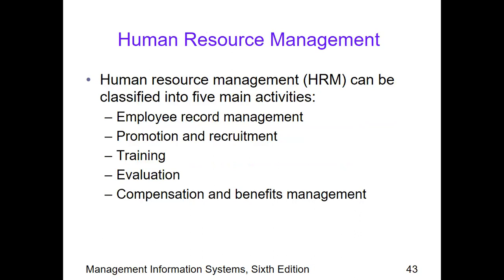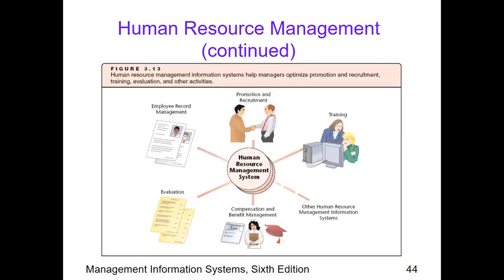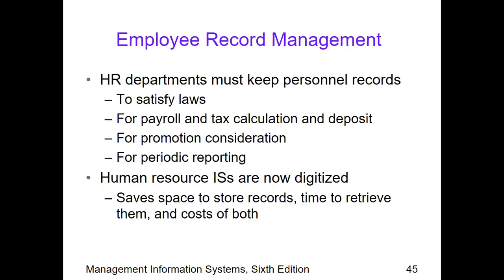HRM, or human resource management, can be classified into five main activities. So we have the following: the record management for employees, then all the information involving employees like their employee record, their promotion, recruitment, training, evaluation of their performances, and all about their compensation and benefits management. So here are the things being mentioned a while ago.